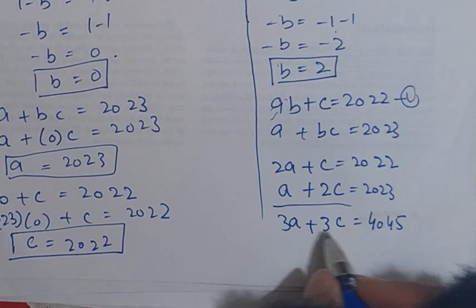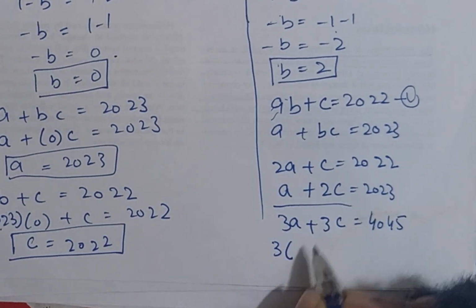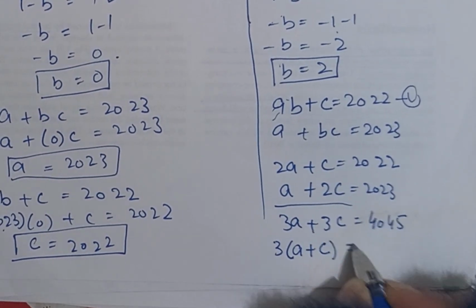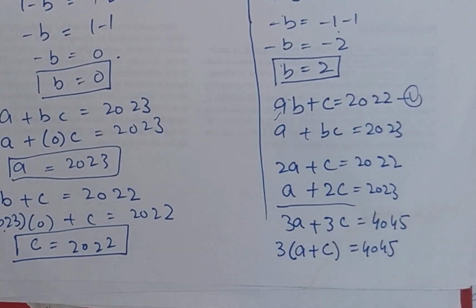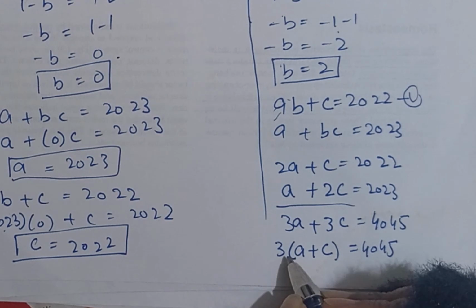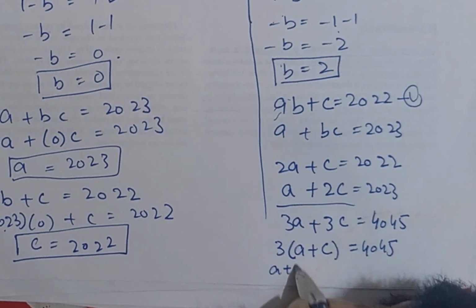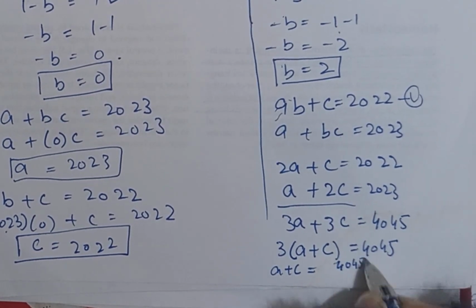3 is involved in these two terms, so let's factor out 3. So this will become A plus C is equal to 4045. In the next step, if we divide this equation by 3, then we get A plus C is equal to 4045 over 3.